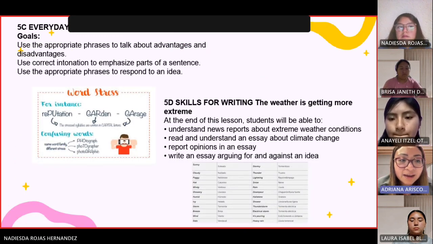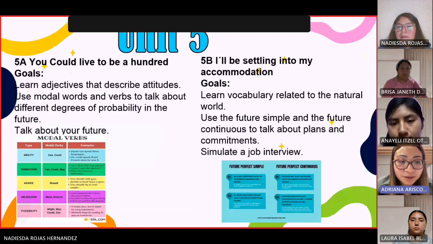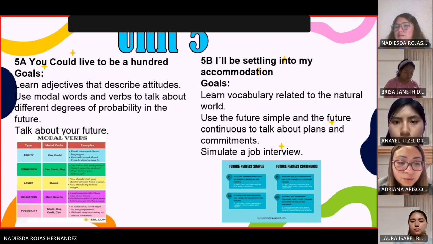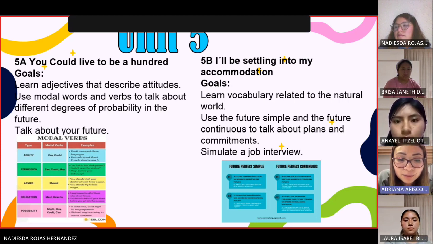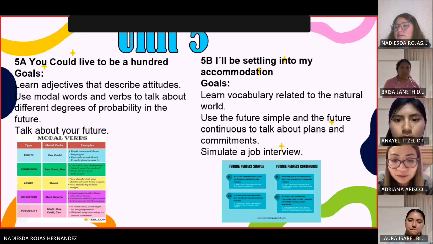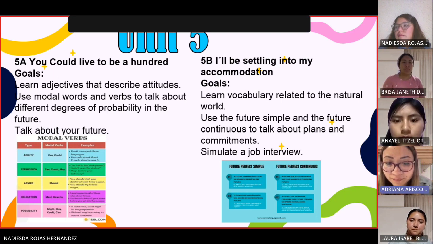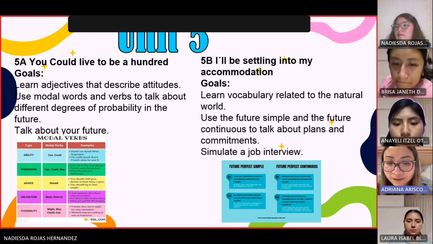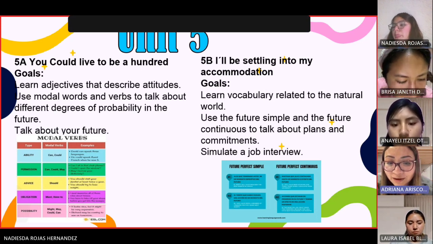5B. At the end of this lesson, students will be able to learn vocabulary related to the natural world, use the future simple and the future continuous to talk about plans and commitments, and simulate a job interview. Future perfect simple. Example: Martin will have designed the new website by Friday.